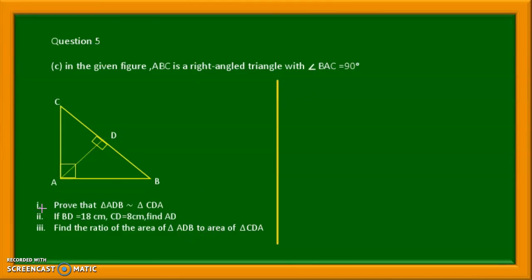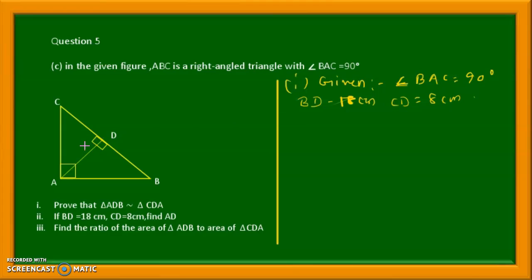So first of all we can do the first part. So what is given here? Given triangle, angle BAC is equal to 90 degree, that's given. And also given the lengths of BD, it is given here 18 centimeter, and CD it is given here 8 centimeter.